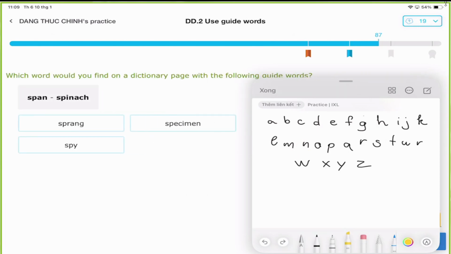Span and spinach. A between A and I. Spring. R is standing here, so no. E is in between here, so I think maybe. But let's check the last one. Oh, the last one is definitely here, and it's way far away. So the only word is specimens.